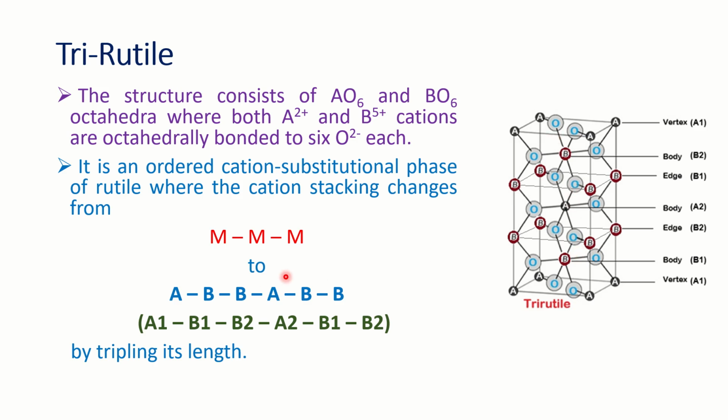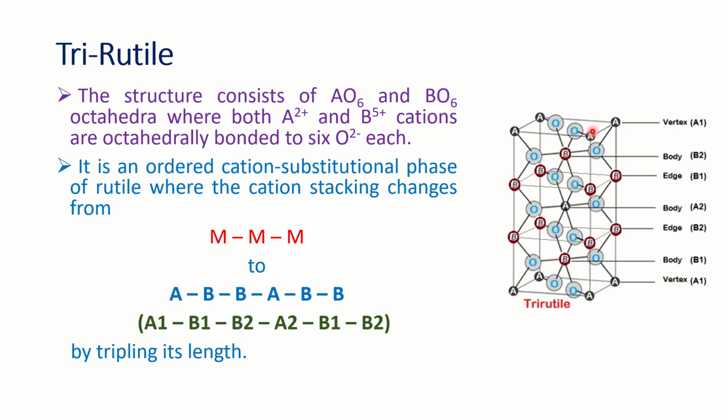Now more accurately, this is actually A1 B1 B2 A2 B1 B2. Why? Look, the projection of this A cation does not go through any A cation on this layer. So this layer and this layer are both formed by A, but they are different layers. If this one is described as A1, this one must be A2.